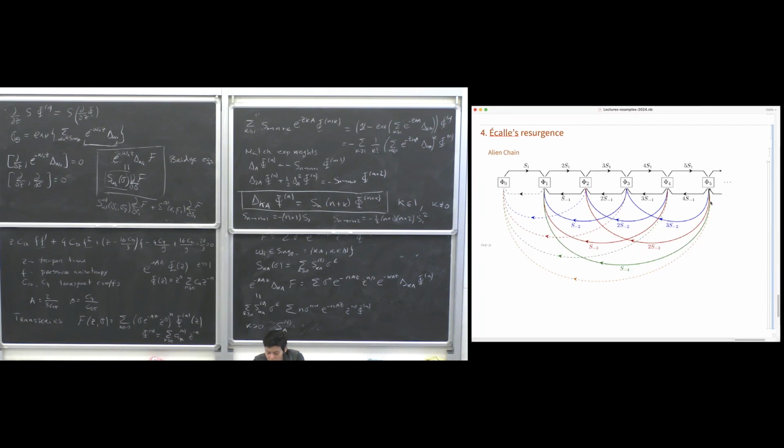But to go backwards, you have S minus 1, you have S minus 2, which connects, for example, phi 5 to phi 3. How do you get, for example, from phi 5 to phi 3? You can get phi 5 to phi 4, phi 4 to phi 3, or you can go directly from phi 5 to phi 3 through the constant S2. And all of these weights and paths, you can get directly from solving these equations and equating equal powers.